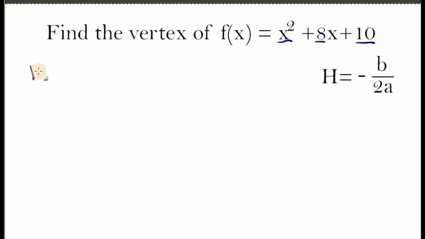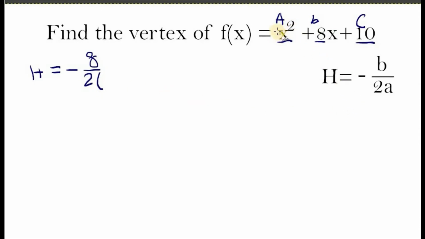So we're going to write h is equal to negative. Now we need to find the b. We have a, b, and c, so negative b, which is 8, over 2 times a.